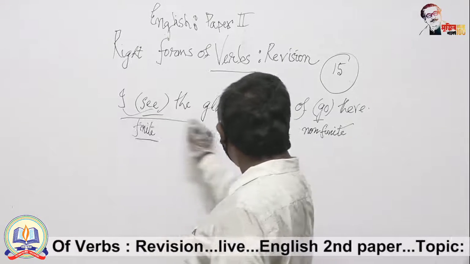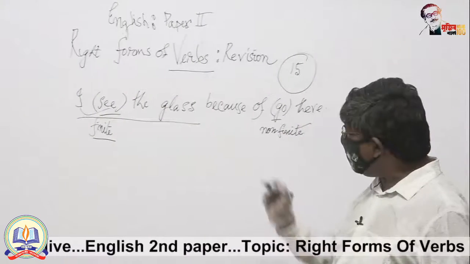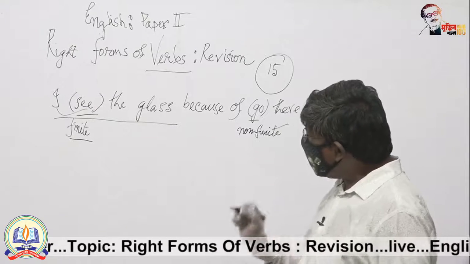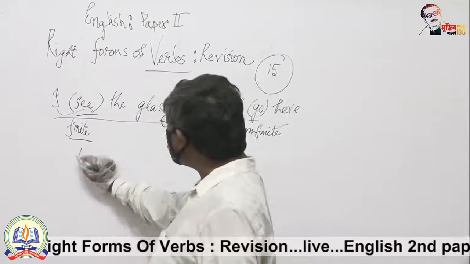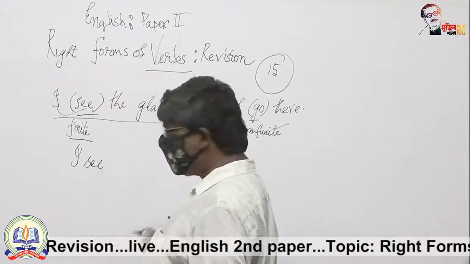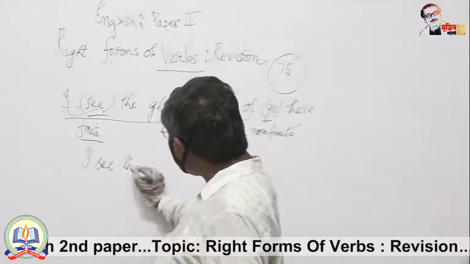We do not have any adverb of time in this sentence. Therefore, we will simply write it in the simple present form or present indefinite form. I see the glass.